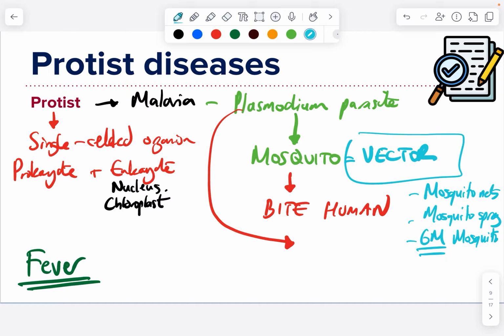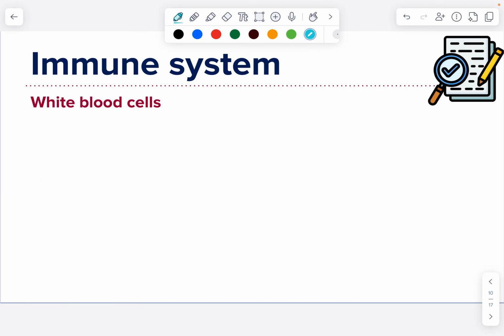Ultimately you want to stop yourself being bitten. You want to stop that life cycle. Equally, the mosquitoes live in stagnant water, so removal of stagnant water is also a very important way to do that. So that's a very quick overview of all the diseases.